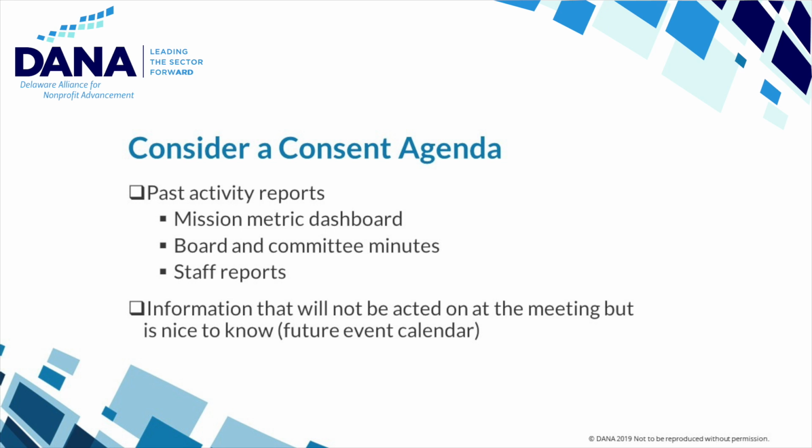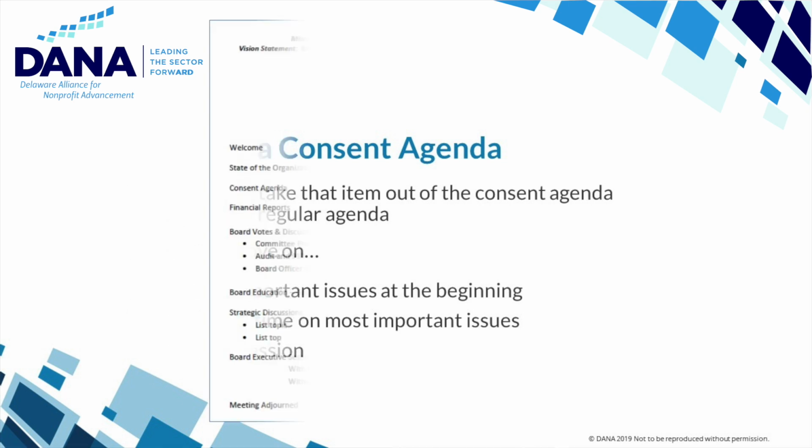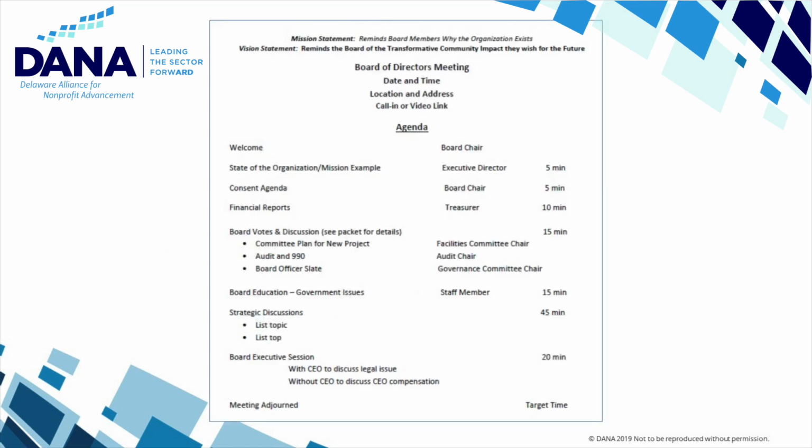It can all be packaged together, and at the very beginning of the meeting, the board chair can invite the board to pull something out of the consent agenda because they want to talk about it, or the board can vote to accept the consent agenda. That can usually happen in 5 minutes, and then that leaves you plenty of time to talk about decisions and future strategy. So I provided here for you a sample agenda.